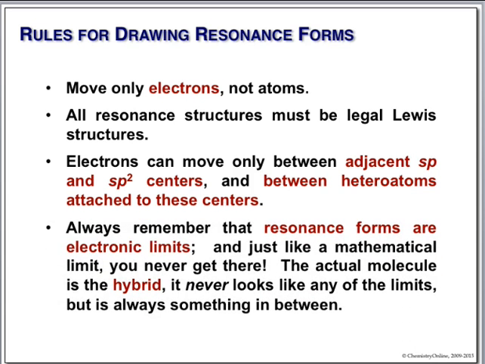And remember, resonance forms, like we draw for benzene, are limits. It doesn't ever look like this or this. It's always the hybrid in between. But we will move electrons, flip them around a lot, because that's how we can predict reactivity and especially points of reactivity.